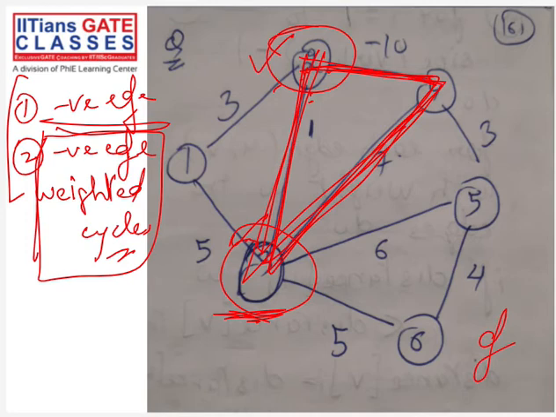But negative edge weighted cycle means that there is a cycle in which the total sum of all the weighted edges comes out to be negative. This is why this is a problem in case of Dijkstra's algorithm. Is this point clear to everyone?